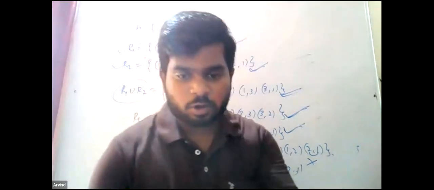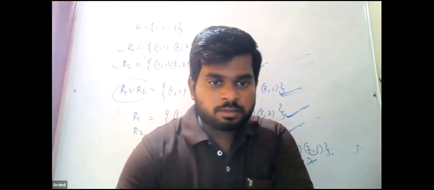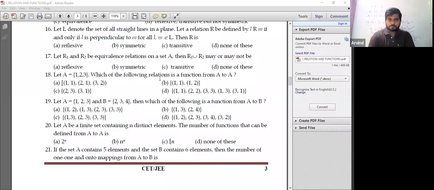So question number 17: R1 and R2 be equivalence relations, then R1 union R2 may or may not be transitive. That is the correct option. But R1 intersection R2 is definitely an equivalence relation. If you take two equivalence relations, their intersection is an equivalence relation itself.